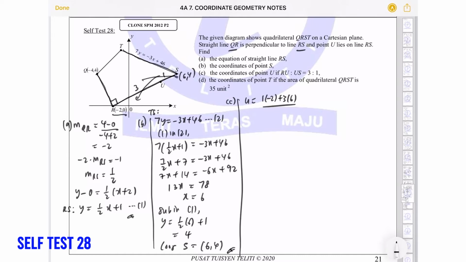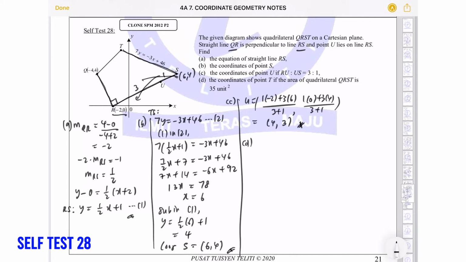Remember, the ratio and the coordinate must be opposite. Total ratio 3 plus 1, you can just write 4. And then 1 times 0, 3 times 4, total ratio 3 plus 1. So here you have 18 minus 2 is 16. 16 divided by 4, you get 4. 12 divided by 4, you get 3.